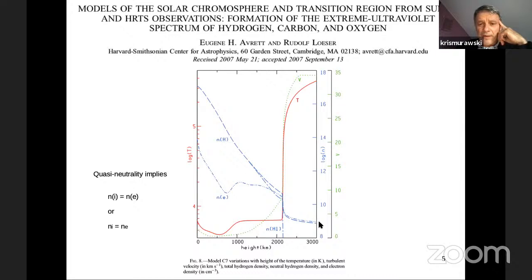Just say 3,000 or maybe 10,000 kilometers from the surface of the sun, so from the bottom of the chromosphere.